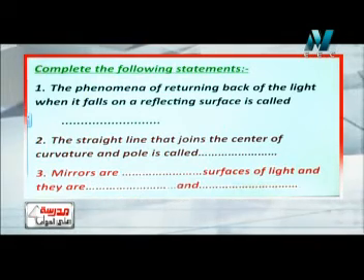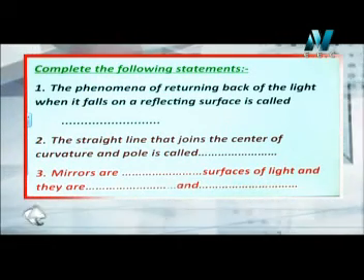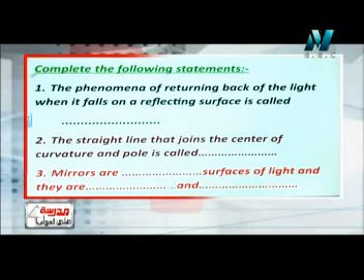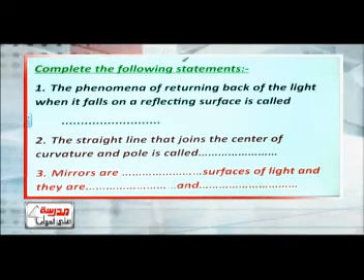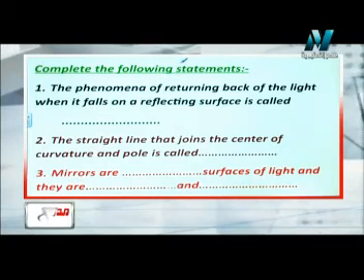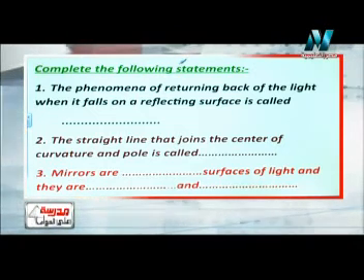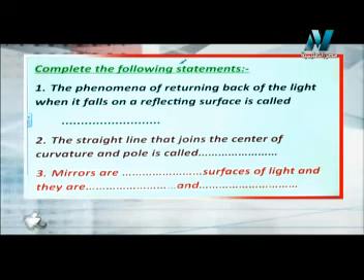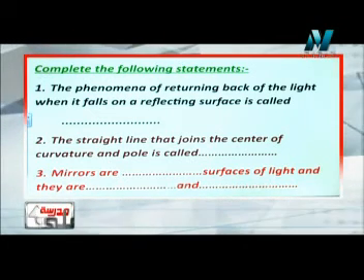Okay, we have some questions to deal with these types of lessons. As a question number 1, complete the following statements. Phenomena of returning back of the light when it falls on a reflecting surface is called what?